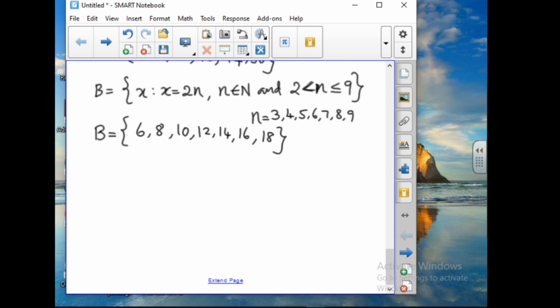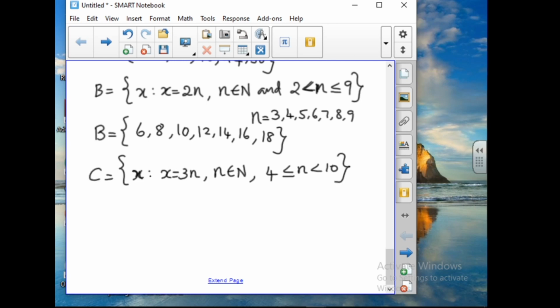Then next one, C set. C is equal to x such that x is equal to 3n and n belongs to capital N and condition 4 less than or equal to n less than 10.